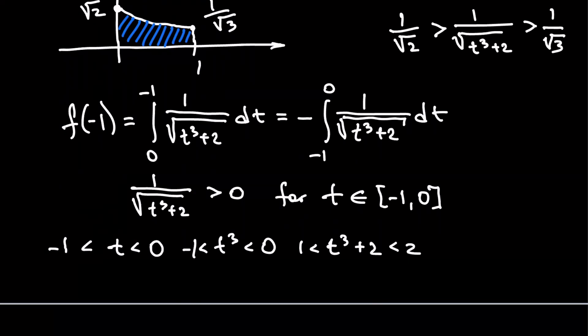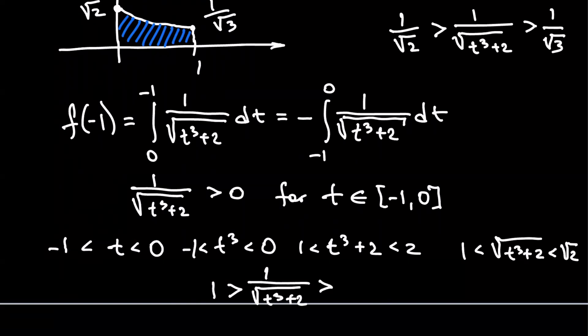And then taking the square root gives us that the square root of t cubed plus 2 is between 1 and square root of 2. And then flipping, 1 over still gives us the relationship that 1 is greater than 1 over the square root of t cubed plus 2 and greater than 1 over square root of 2.